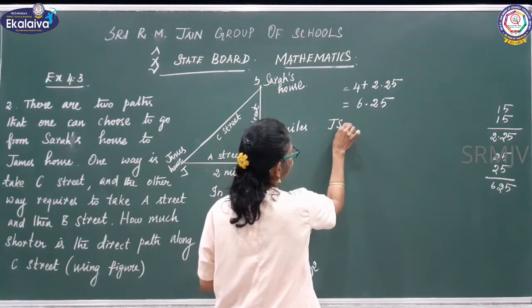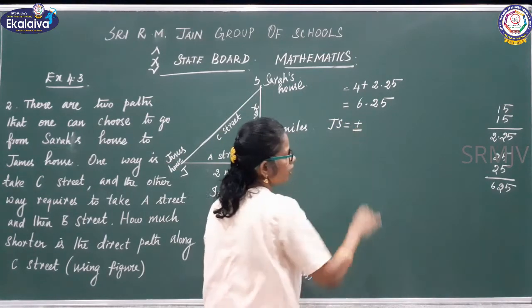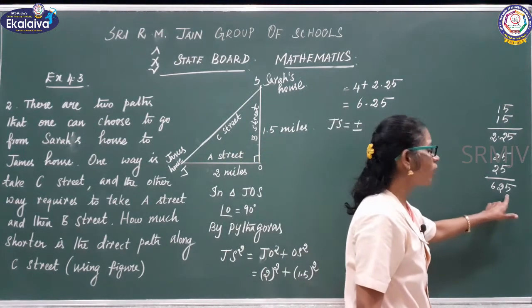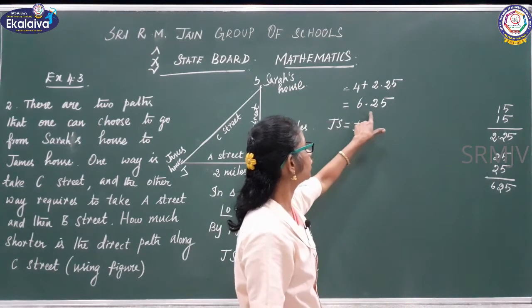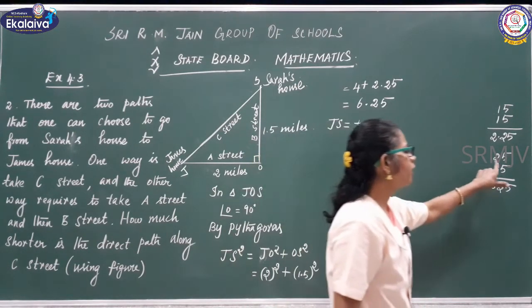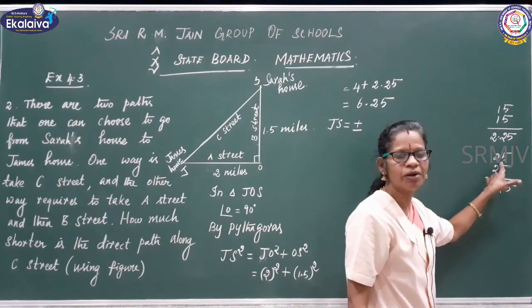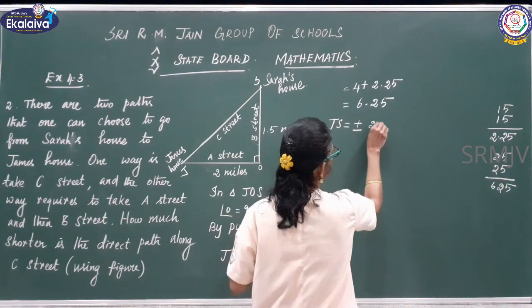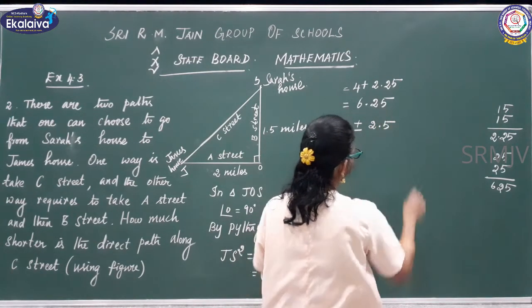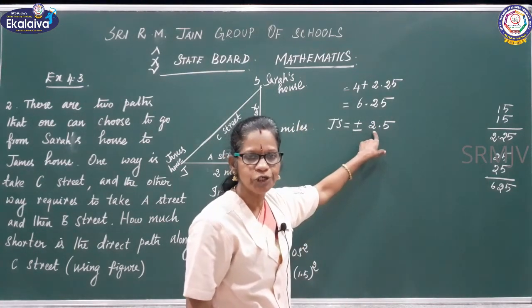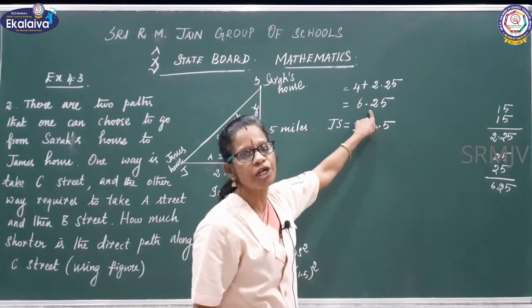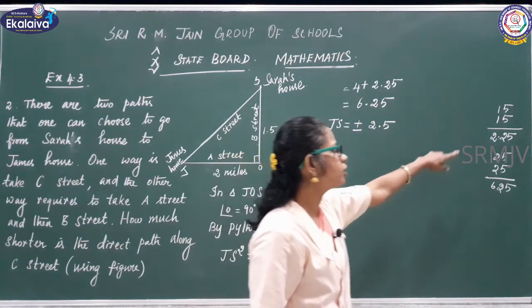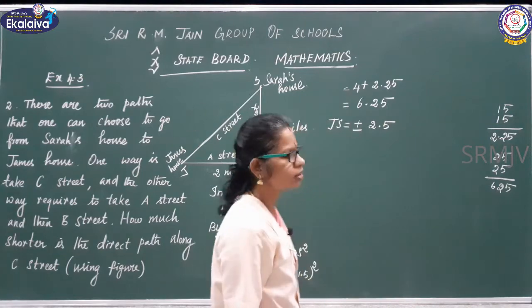JS equals plus or minus. See here 625, here also you arrived at 6.25. That means you can place the decimal after 1 digit, right? That is 2.5. When you multiply 2.5 into 2.5, you will get 6.25.